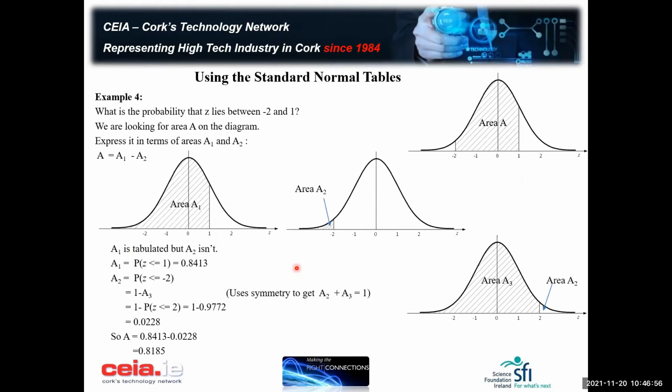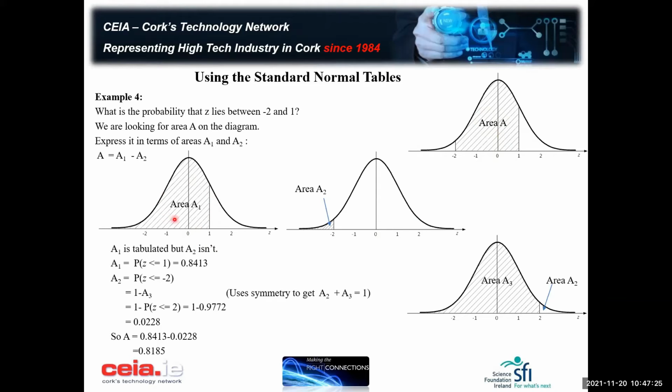Okay, and I did one more example. Again, this is a slightly trickier one. You want the probability that Z lies between -2 and 1. And this is tricky because we're using a negative Z here as well as getting this area. So how do you do it? Well, try to express this area A in terms of areas that we can work out.